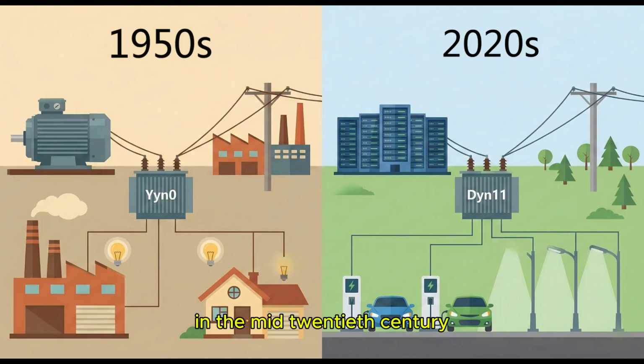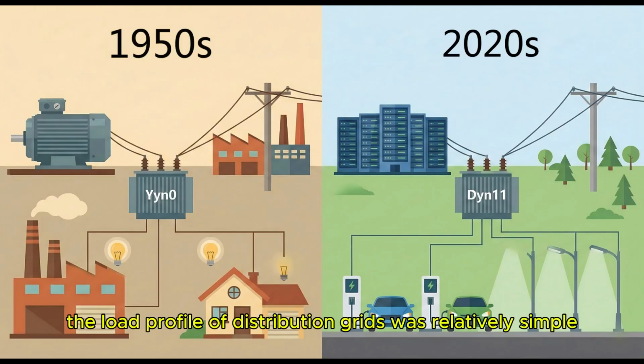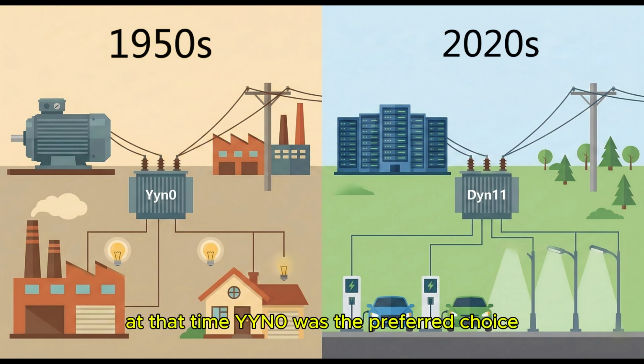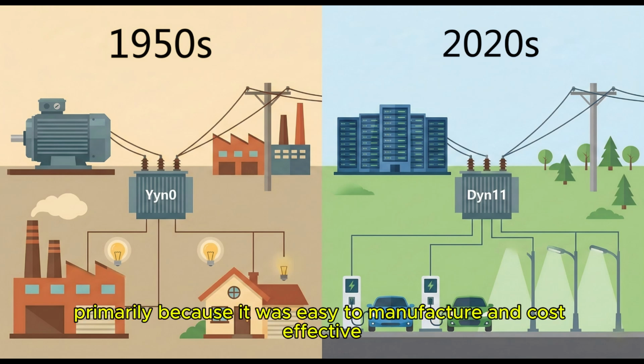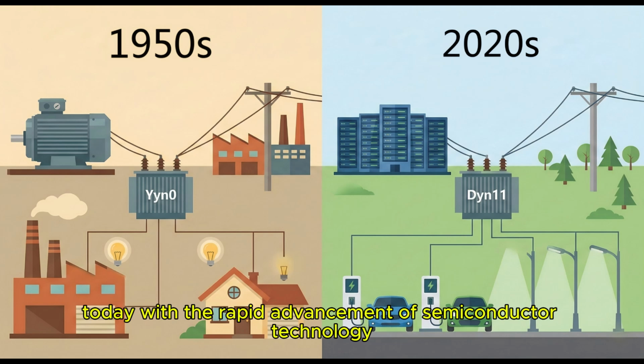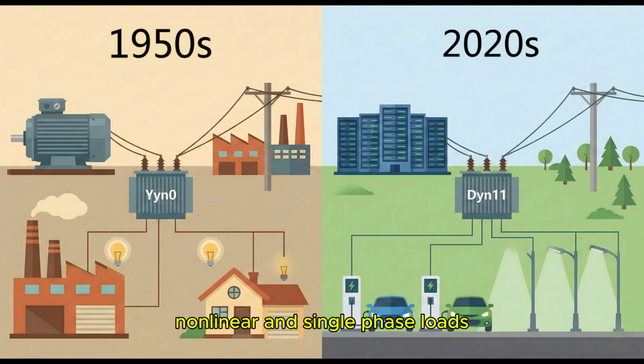In the mid-20th century, the load profile of distribution grids was relatively simple, dominated by balanced three-phase motors and linear loads. At that time, Yyn0 was the preferred choice, primarily because it was easy to manufacture and cost-effective. Today, with the rapid advancement of semiconductor technology, non-linear and single-phase loads have become ubiquitous in our daily lives.